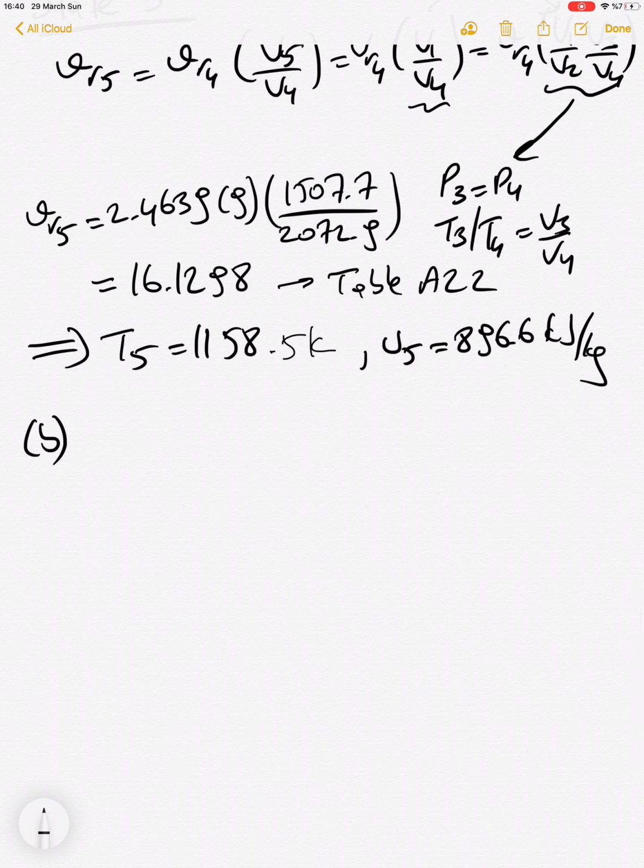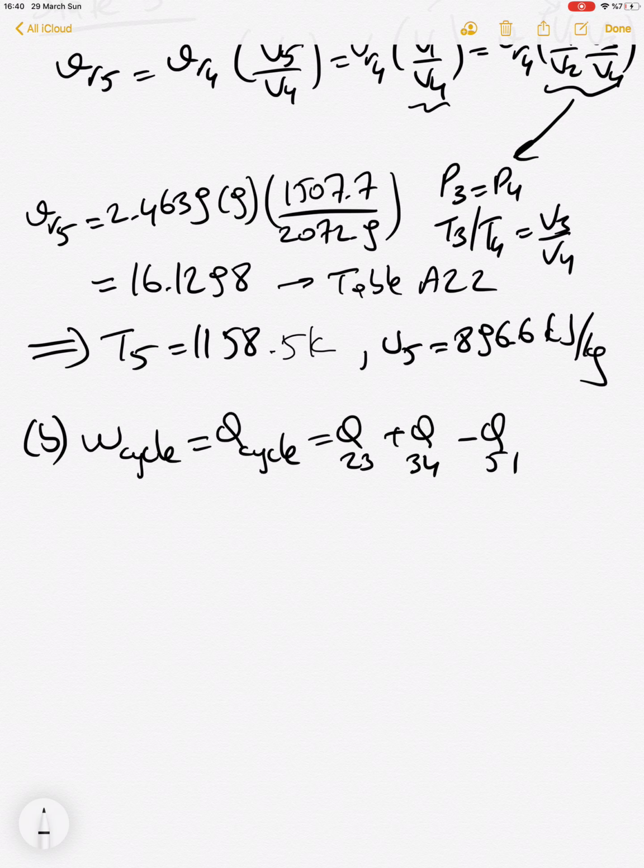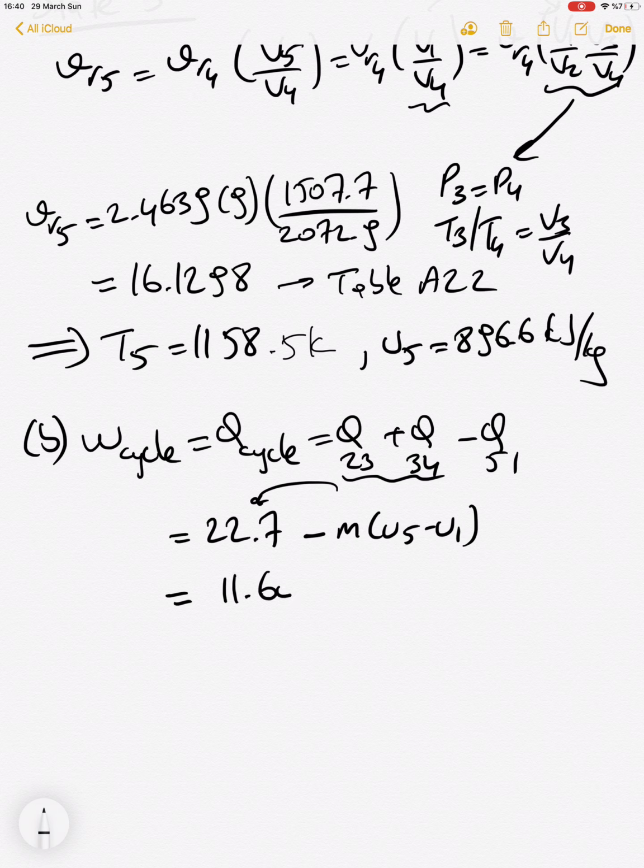So W cycle is equal to Q cycle, and that's going to be equal to Q23 plus Q34 minus Q51. So that's going to be equal to 22.7 minus, so this, the sum is 22.7. Q51 is equal to M (U5 minus U1). So we already know that, and the result is going to be 11.60 kilojoule.